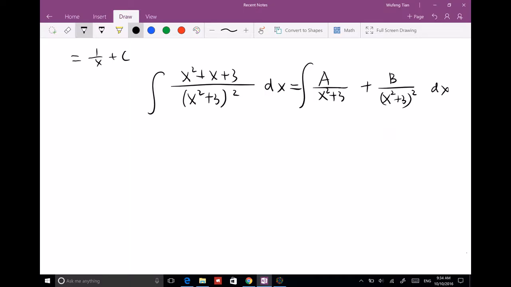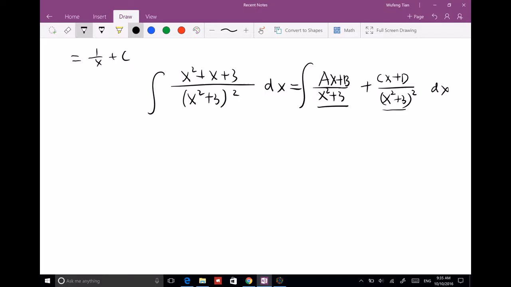Okay, this is a quadratic form. This is x squared plus 3. It's not a linear form. It's a quadratic form. So if the factor is a quadratic form, the numerator would be ax plus b. This is another quadratic form again, so just cx plus d.